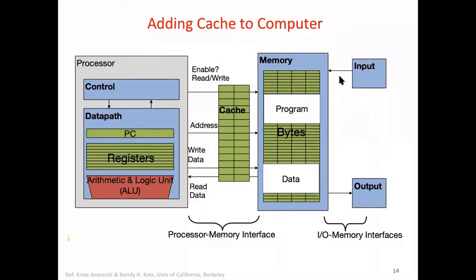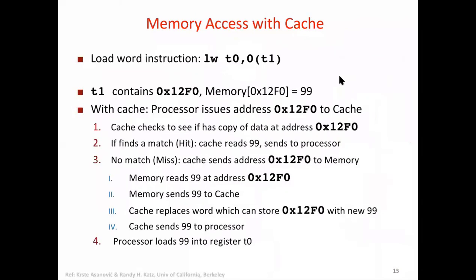Now if you introduce a cache, the only thing is that whatever address the processor sends will be intercepted by the cache, and data will be read from there, right?